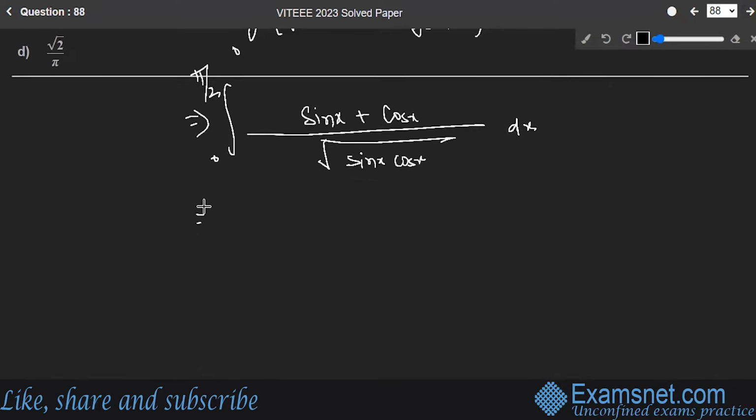Now multiplying both the numerator and the denominator by root 2. Sorry, here is a plus between them.